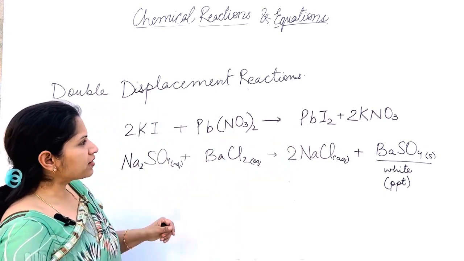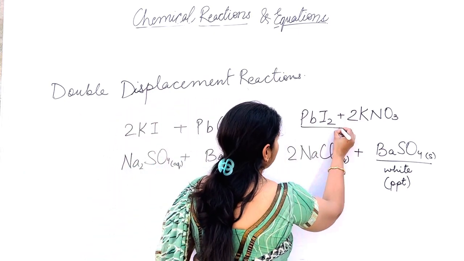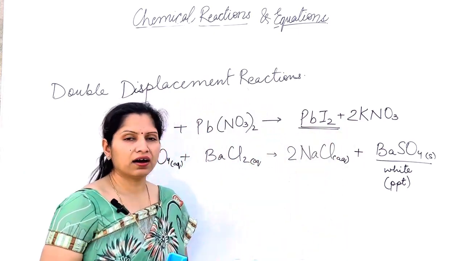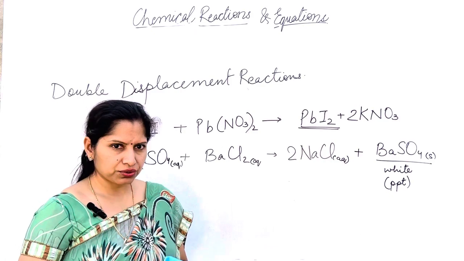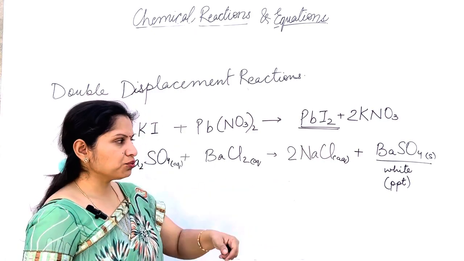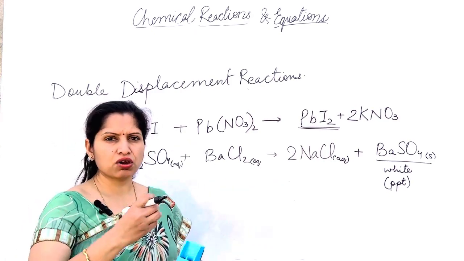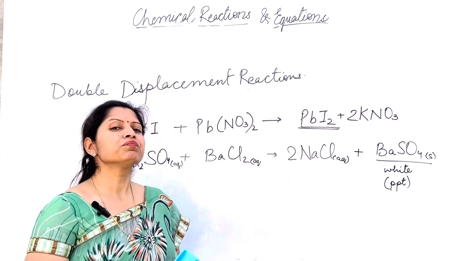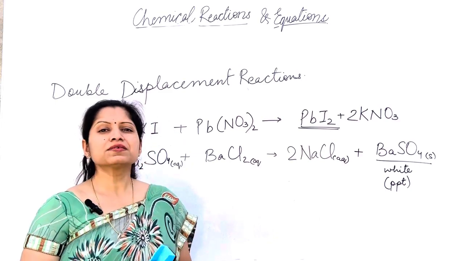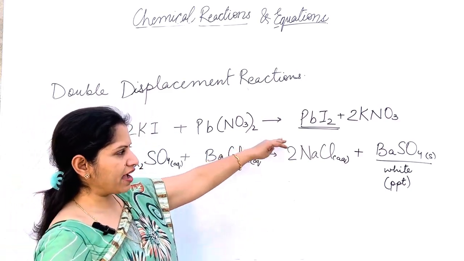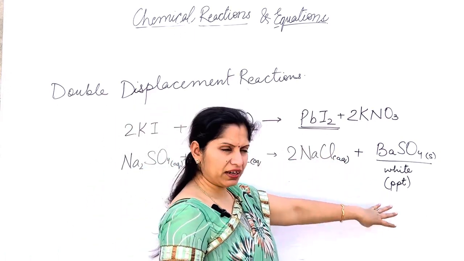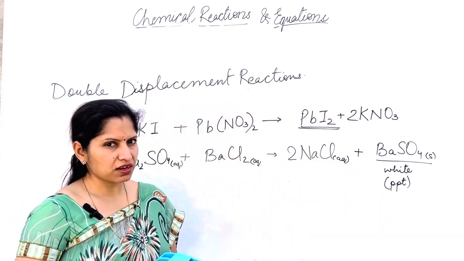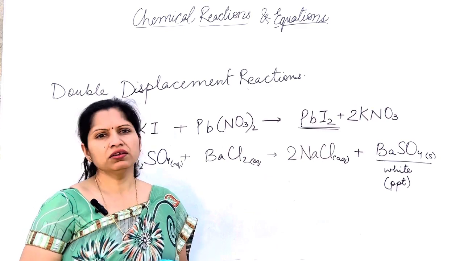In the above reaction also, lead iodide formed is a precipitate. Such reactions in which some solid product is formed are known as precipitation reactions. The reactions in which some precipitate is formed are known as precipitation reactions.